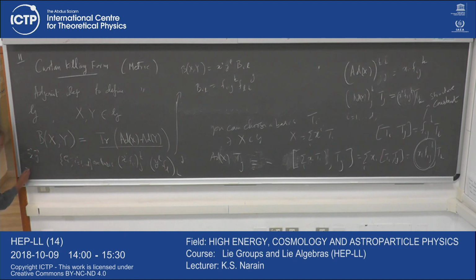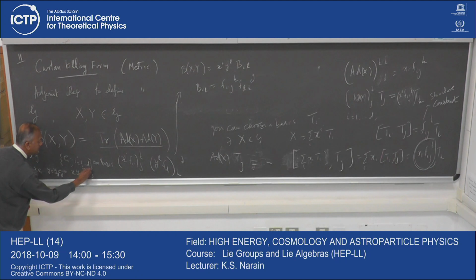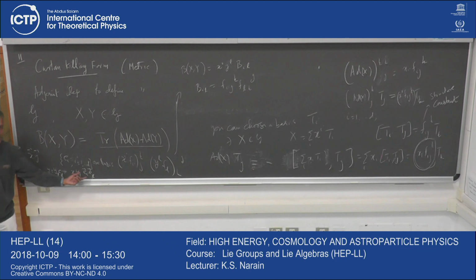Then I can expand x: x is simply x_i e_i, and y is y_l e_l. Then the dot product is simply x_i y_l times the dot product of e_i with e_l, which will be some number, which I call g_il. g_il is a metric component. So x_i y_l times g_il.